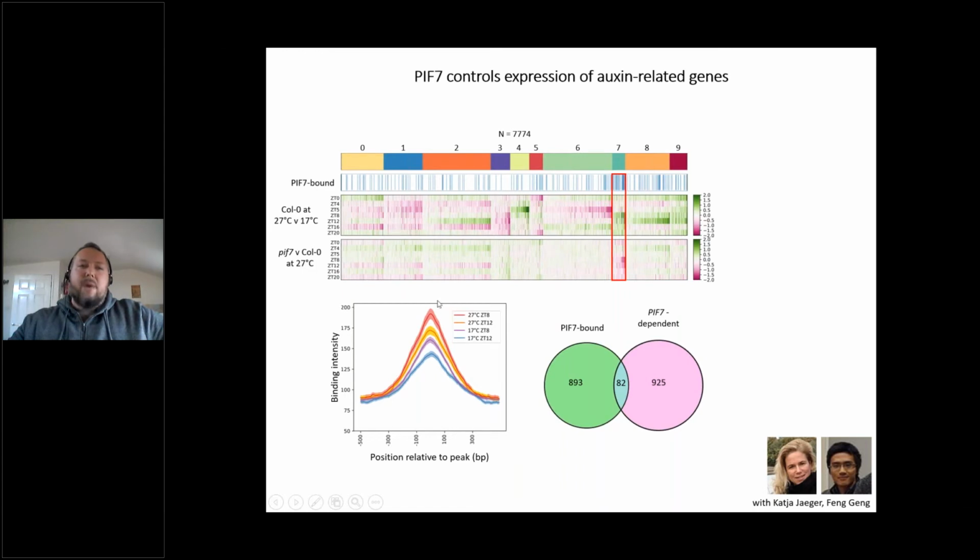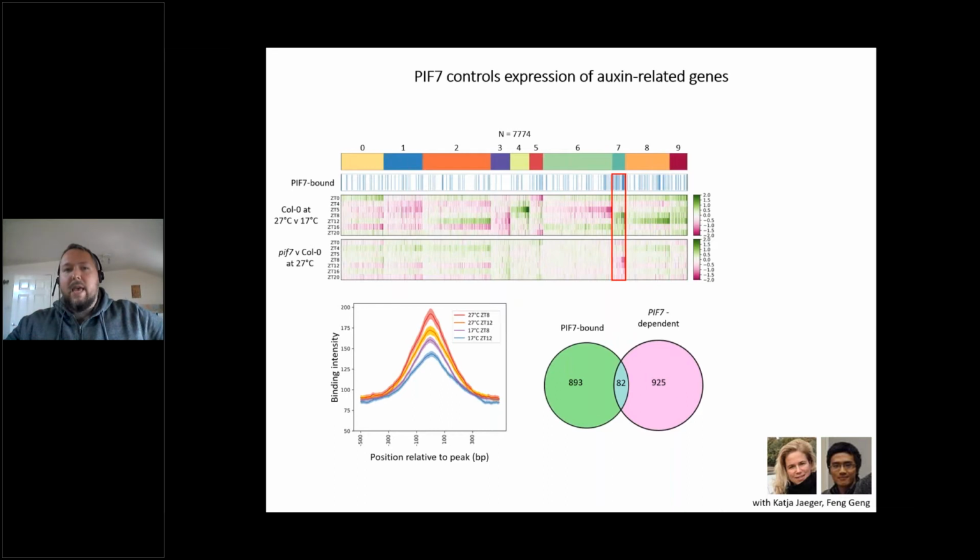And when you look at the binding intensity of PIF7 in our ChIP-seq, you see that the binding intensity increases at the warmer temperature, indicated here by the red and orange lines compared to the blue and purple lines. That is essentially a consequence of the higher protein levels we observe under these conditions.